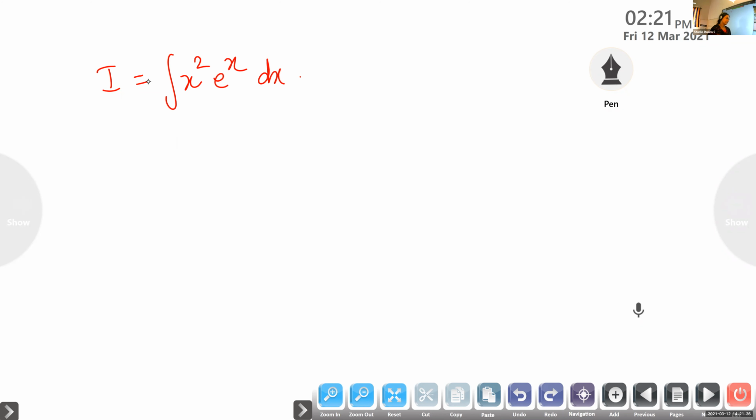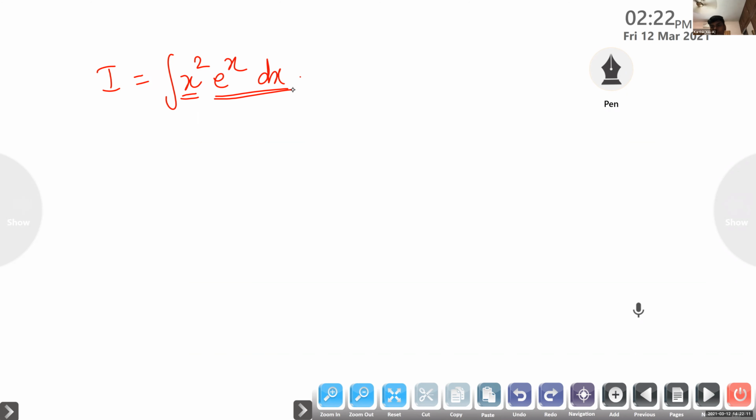Tell me which is the first function and which is the second function. x square is the first function, so the remaining will be the second function. Is it correct, Karthik?